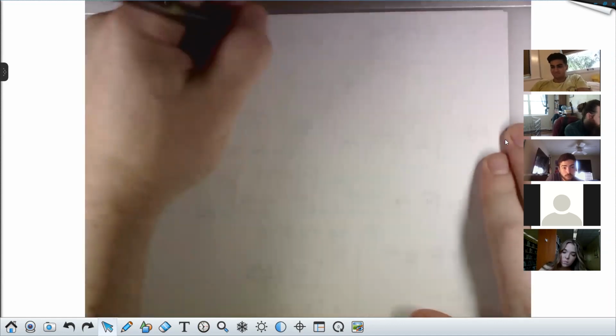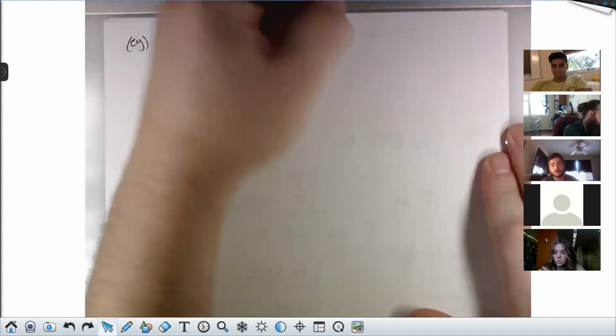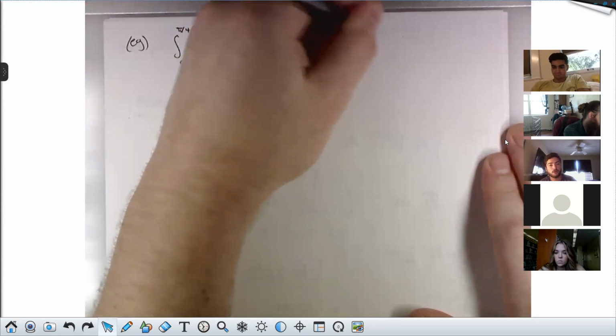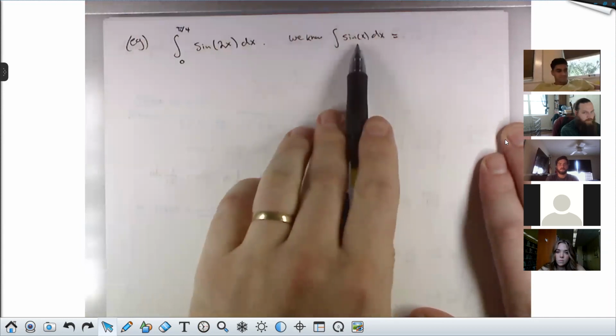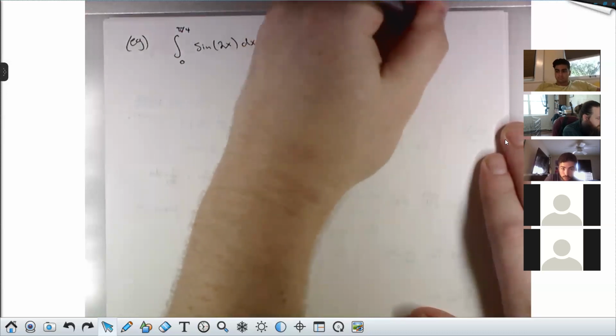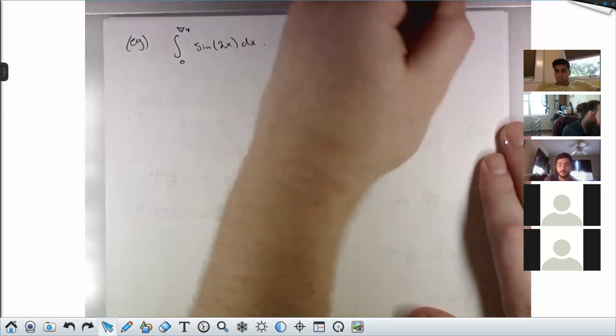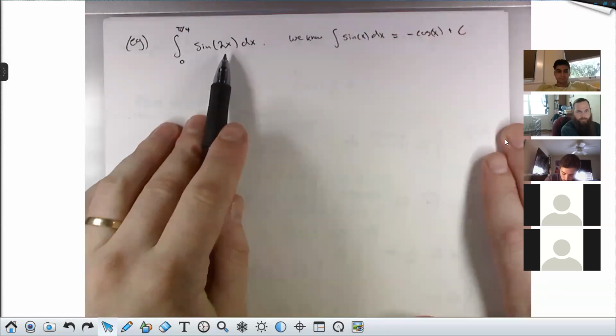I can say off to the side that we know the indefinite integral of sine x dx, who integrates to, or who differentiates to sine. Is it negative cosine? Very good, because the derivative of cosine is negative sine. So negative sine would be sine. So yeah, this is negative cos x plus c.